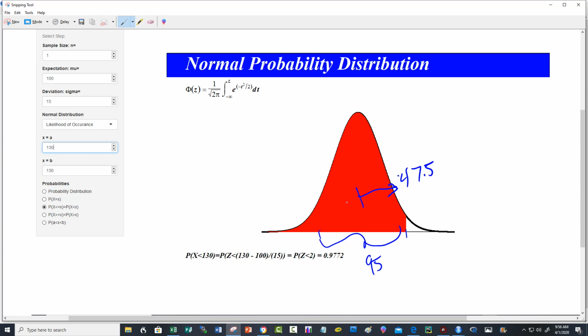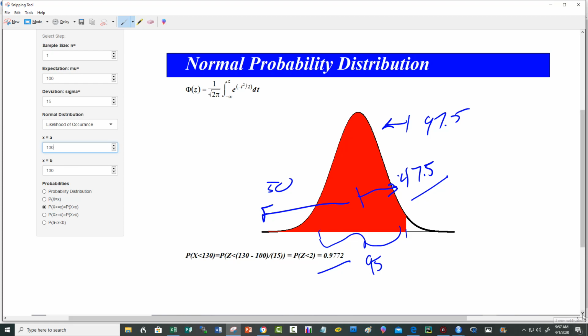We know that this is approximately, well, this is 50%. This is the approximated value. So from here back should be a total of about 97.5, exactly 97.72. So let's talk about how we standardize this.